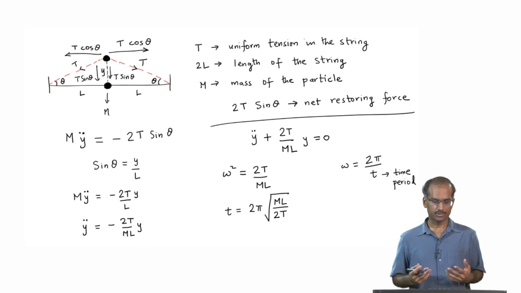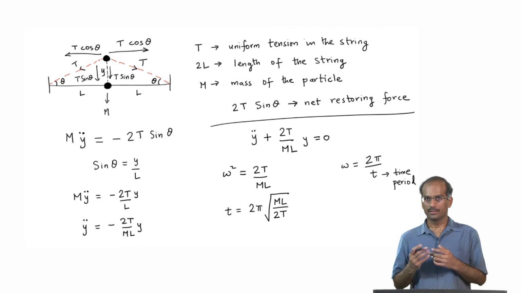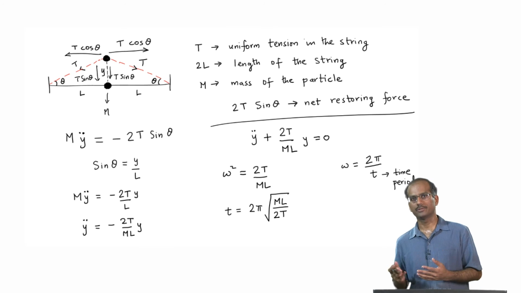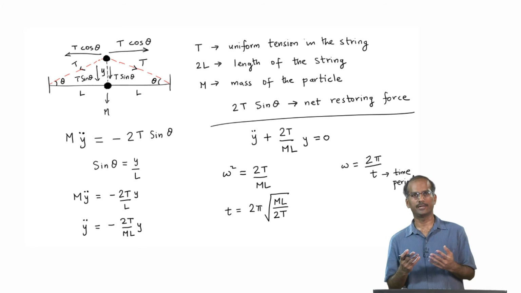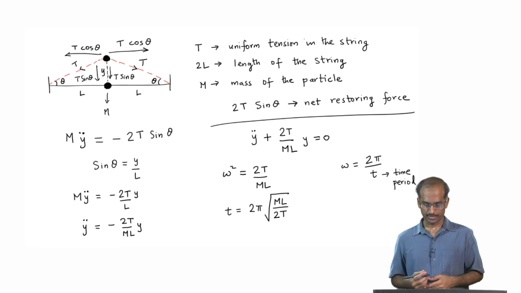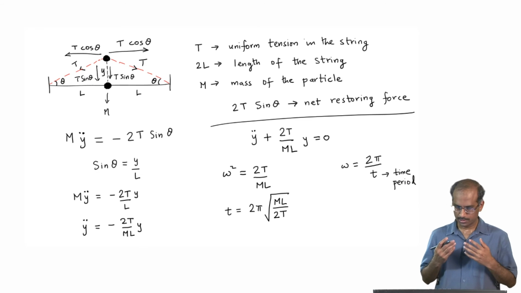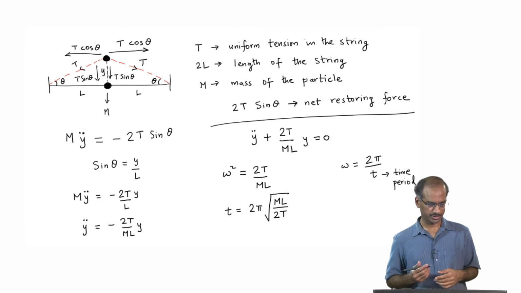Once you identify the restoring force, you write the equation of motion, and once the equation of motion is in the standard form of simple harmonic motion, you can directly identify the angular frequency, from which we can write down the time period. So, this recipe can be followed for most of the simple problems of this type.